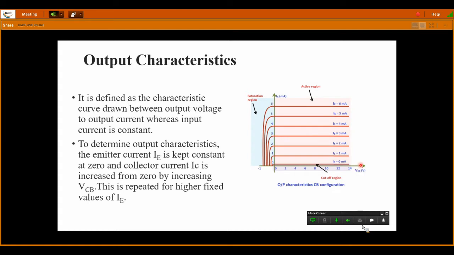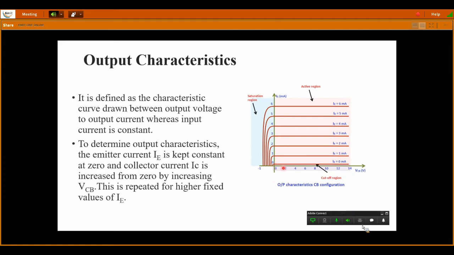If I have the forward bias on my output junction, eventually the collector current increases abruptly to 1 milliamp. This sharp increase in the collector current denotes the saturation region, since our input and output junctions are both forward biased.